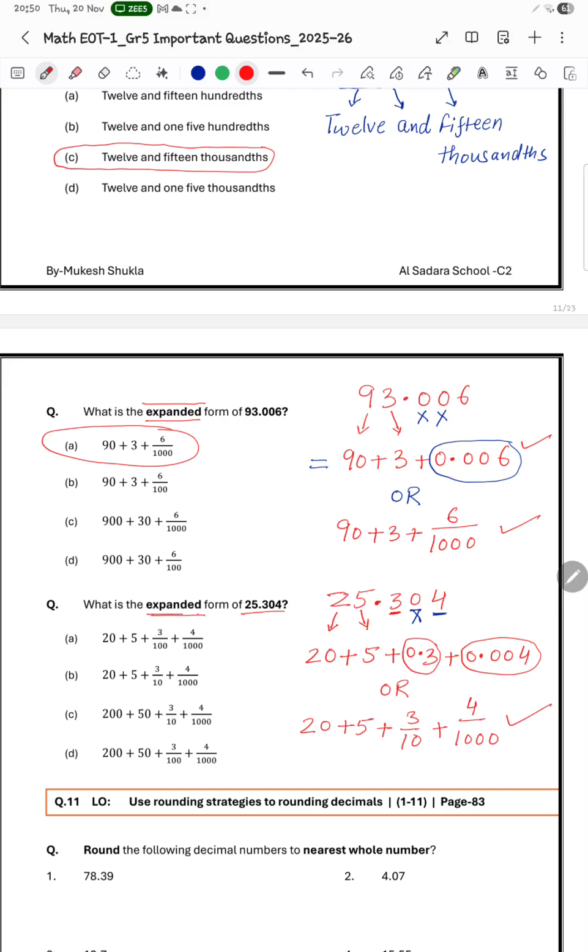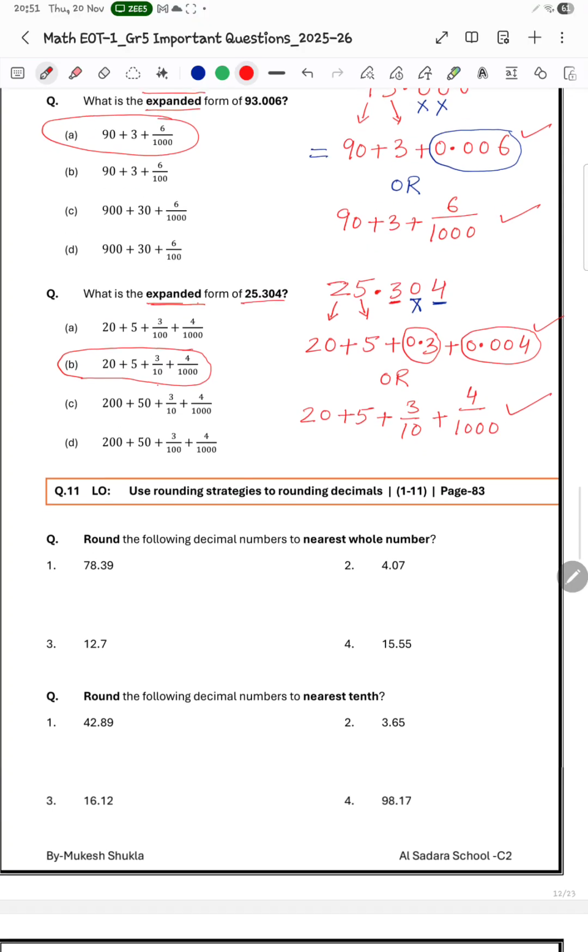So any of the options are correct. So according to my working, the option number 2, that is B option is correct. Okay. So these are the different ways to get the correct answer in MCQ questions.